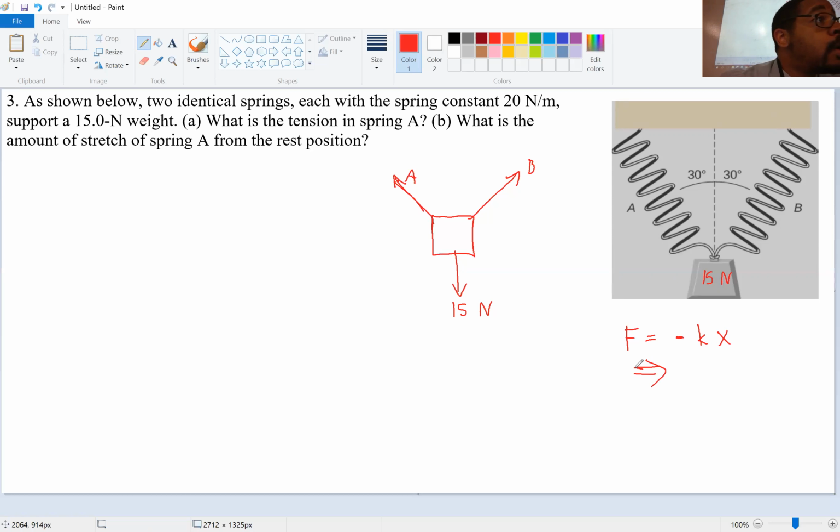Well, no, because this is just a spring force. It's not kinetic force. You know what I mean? Okay. And actually, I think that confused me at one point because those two formulas look the same. So we'll just say this direction is negative. Up is negative. So we'll have 20 times X.